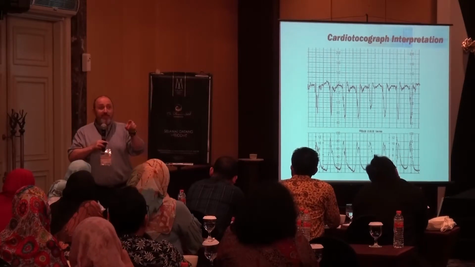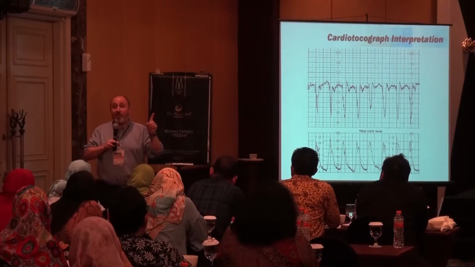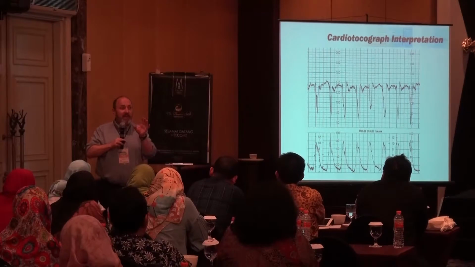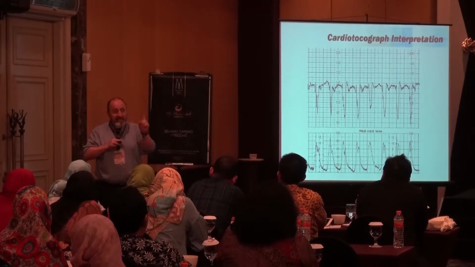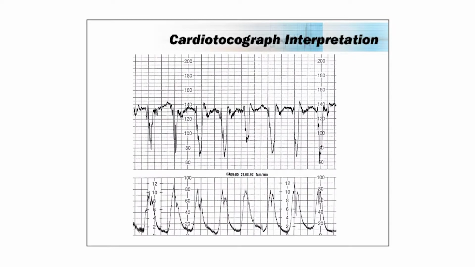In the same way, if I showed you a late pattern and there's one early, you're not going to be reassured because there's one early. It's never in fetal monitoring about the isolated deceleration, it's about the pattern. So this is a pattern of variable decelerations with overshoot on recovery, suggesting a baby may be becoming compromised.